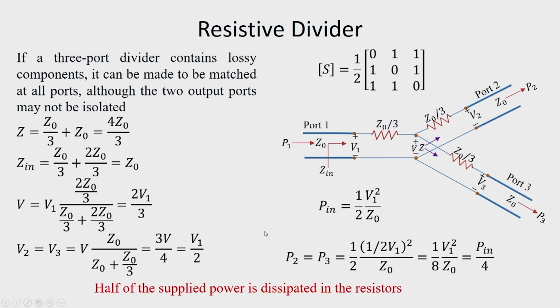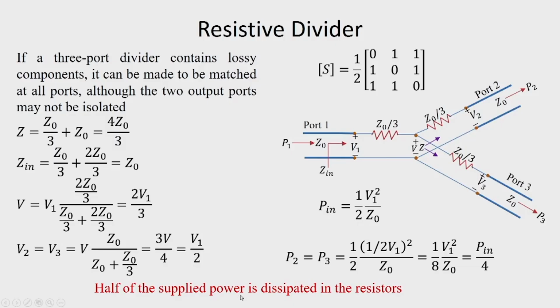Now, we find that power gets divided equally between the two output ports, but that is not the input power. Half the power gets dissipated in the resistors and remaining half power gets equally divided between the two output ports.